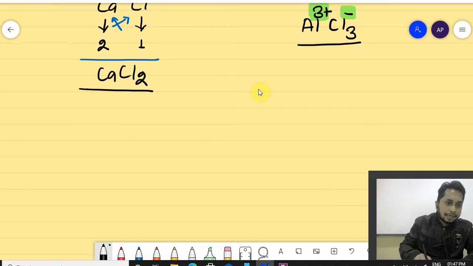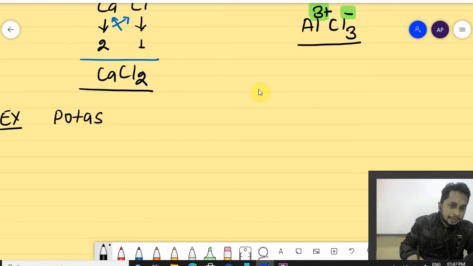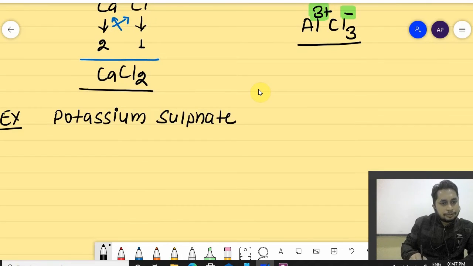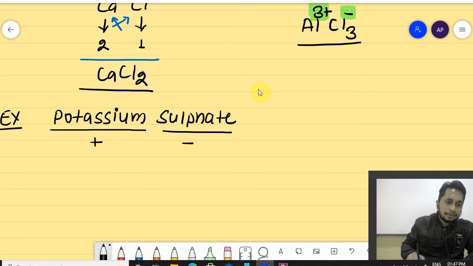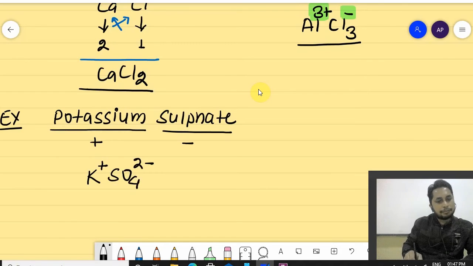Similarly, if we want to write the formula of potassium sulfate, potassium is the cation and sulfate is the anion. The symbol of potassium is K, having single plus charge, and the symbol of sulfate is SO4, having double minus charge.